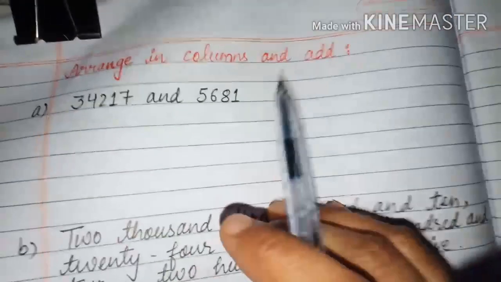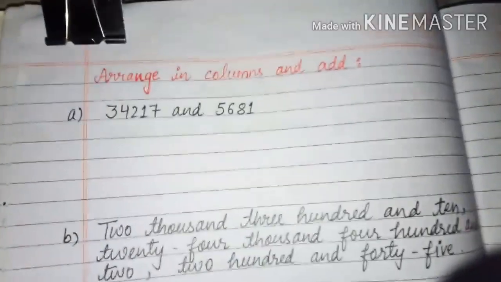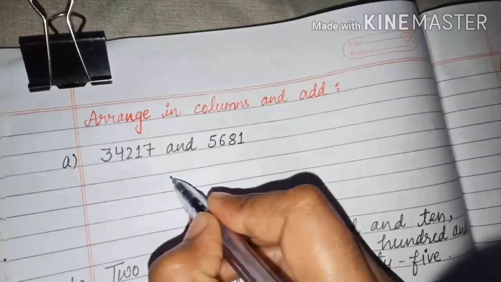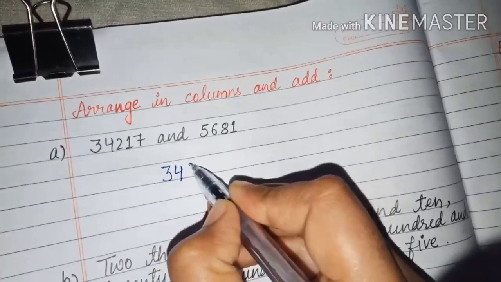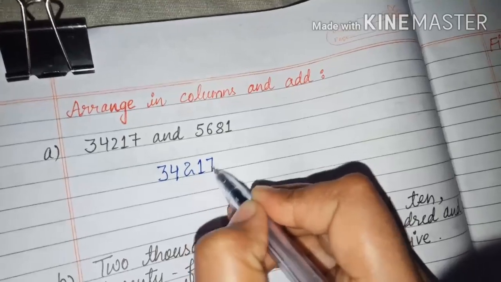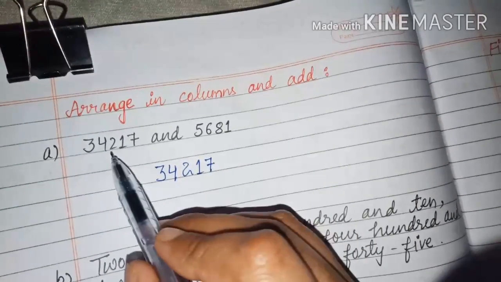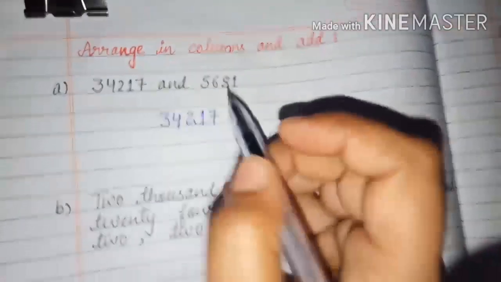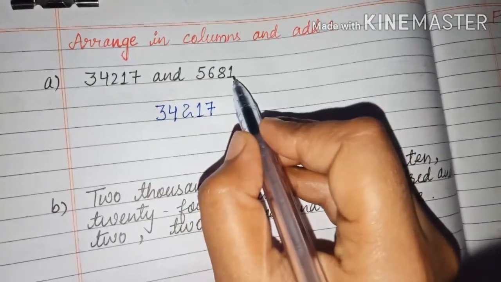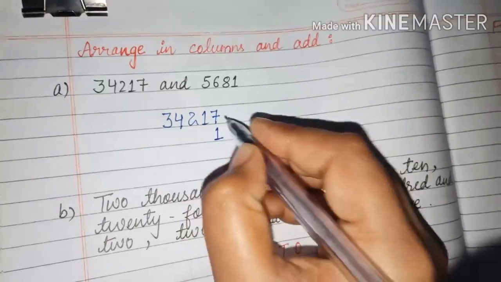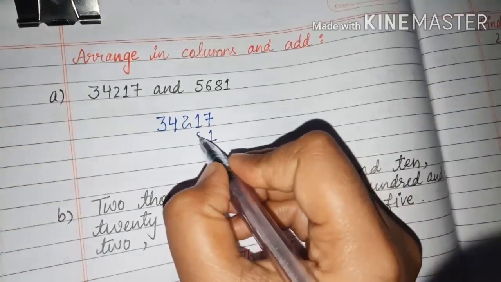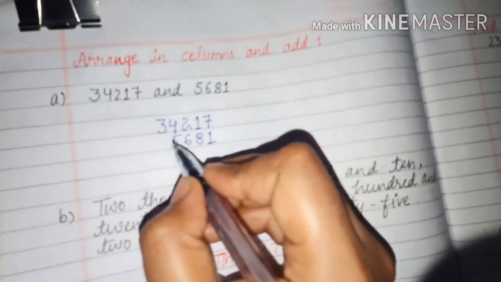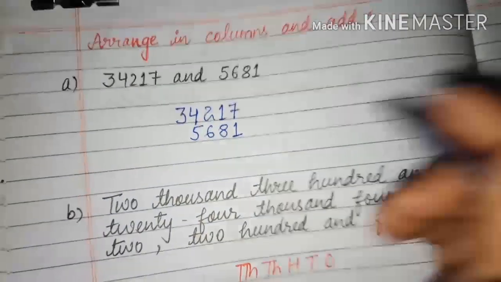Now next question we have arrange in columns and add. तो arrange कैसे करते हैं columns में? First of all write the first number, that is 34217. Okay, now you have to write this number, but it is a 5-digit number and this is 4-digit number. So what should you do? Start writing from the end. 1 digit after digit should be there, 8, 6 and 5, or wherever there is nothing, what should you do?